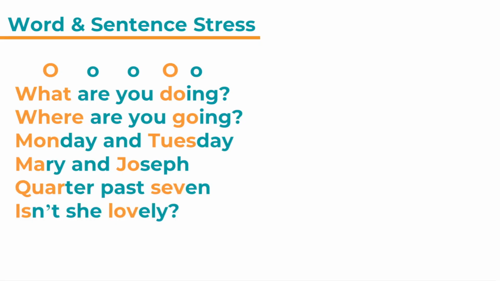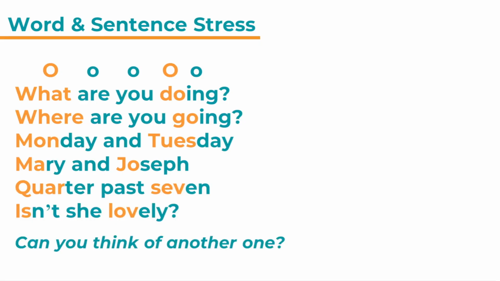Isn't she lovely? Now, can you think of another one that would follow this stress pattern? So you can see, although the sentences, when we write them down, look very different in length, actually, all of them have exactly 5 syllables and they follow the same stress pattern.